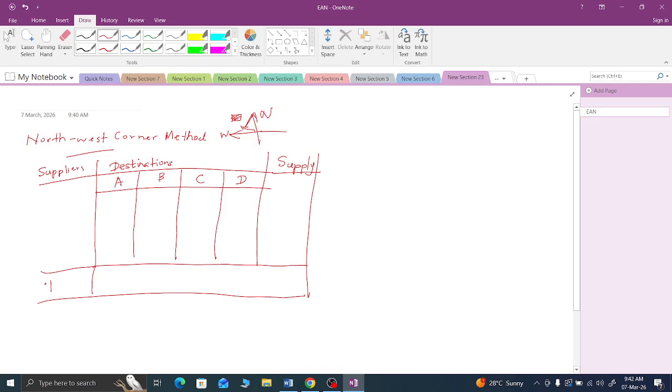Here demand, right? Here supplies are, you can see supplies. So supplies are, say, S1, supply 1, and supply 2, and supply 3.